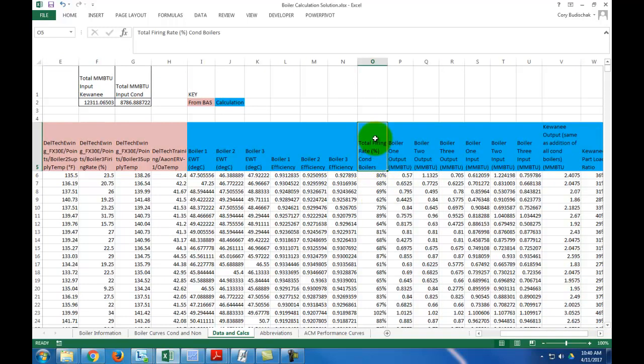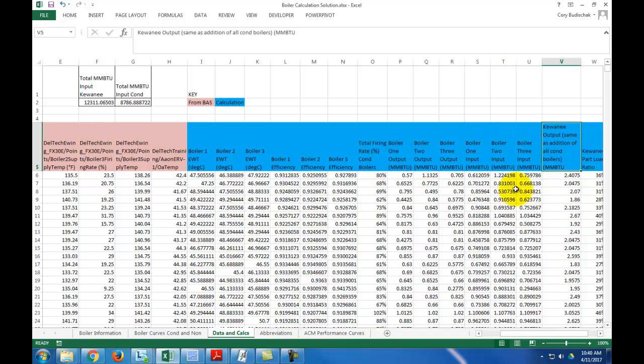So then what we do is we convert that to output. We have the efficiency and we have the firing rate for each boiler. We can convert that to output. Then using the output and the efficiency, we can find the input of each boiler.